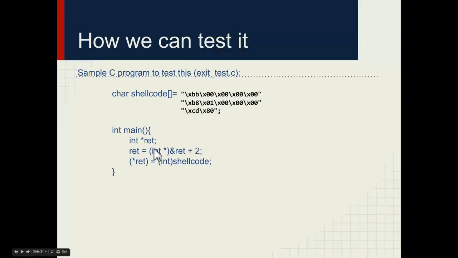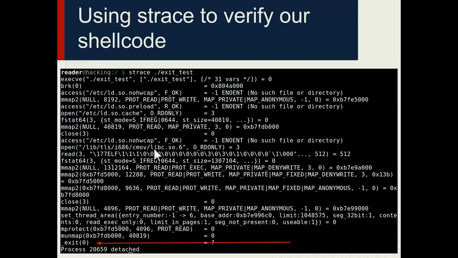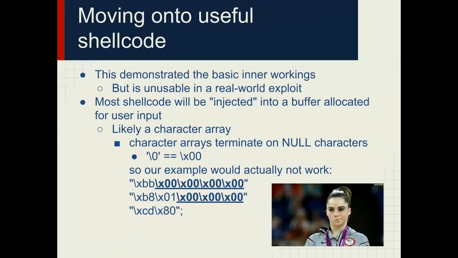However, this works. This is great. However, there's a problem. If you try to enter this into a buffer for a program, this is not going to work. You have null characters, and any string copy operation is going to terminate on the first null character it finds. It doesn't care what occurs in the string after that. You could have the rest of your payload, and it's going to truncate it right there.